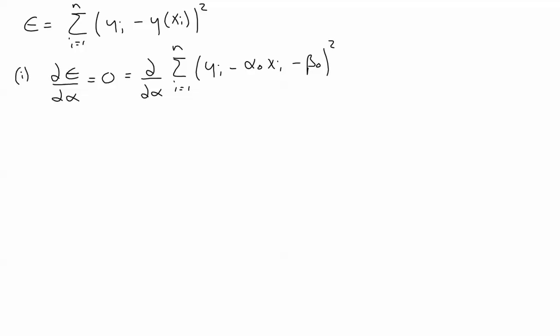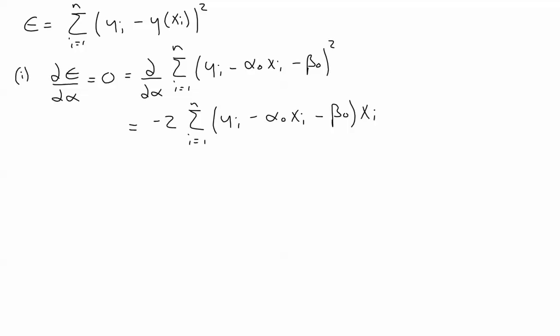Alpha naught and beta naught are my optimum alpha and beta terms. I go ahead and take this derivative. I get a negative 2 times summation i equals 1 to n of y_i minus alpha naught x_i minus beta naught, times x_i. All that's inside of my summation. I'm going to set that equal to 0. We'll simplify this in just a second.